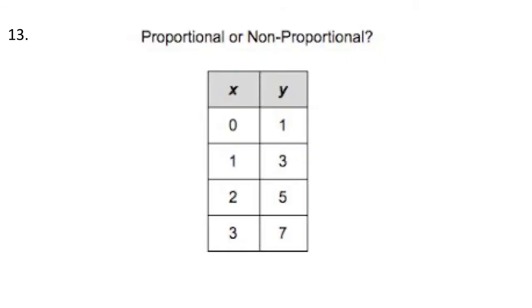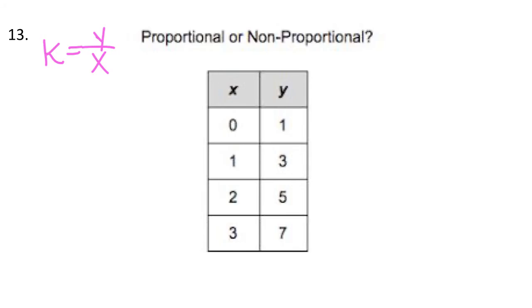Is this table proportional or non-proportional? When given a table, we need to be checking for the constant of proportionality. And in order to check for the constant of proportionality that we know to be K, is to divide the ratio Y over X for each pair of points.